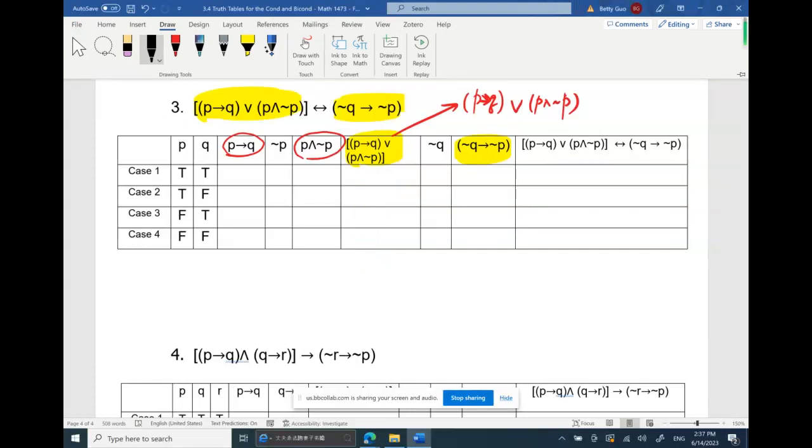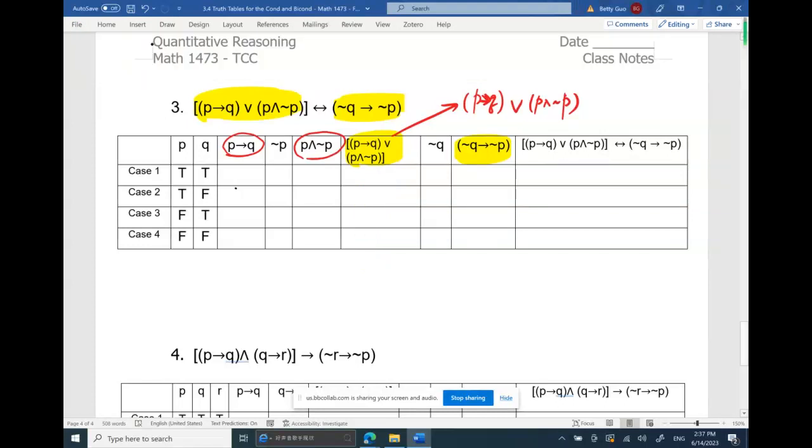Okay, P implies Q, conditional. Trusted friends forever. P implies Q is false only when P is true, Q is false. All other cases T. All right, and column 5.